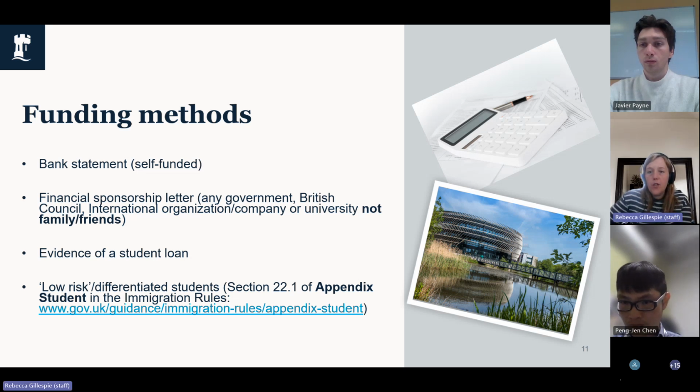If you have official financial sponsorship, you will submit a sponsor letter with your visa application. The university cannot confirm any external funding on your CAS. However, if you do have a university scholarship, this should be confirmed on your CAS, and so you do not need to submit any kind of confirmation letter with your visa application.